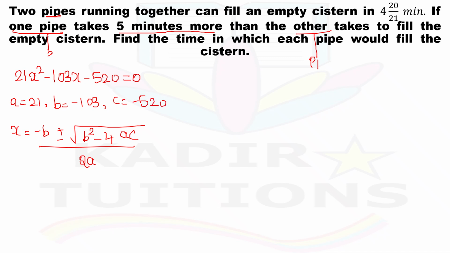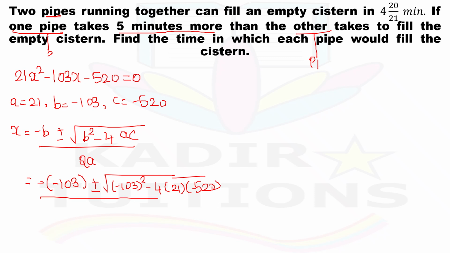Yeah, so we are going to apply everything in this formula. So when we apply, see already here minus is there, and the b value is also again minus, so minus of minus 103, and plus or minus root of minus 103 the whole square minus 4 into 21 into minus 520, divided by 2 into 21.